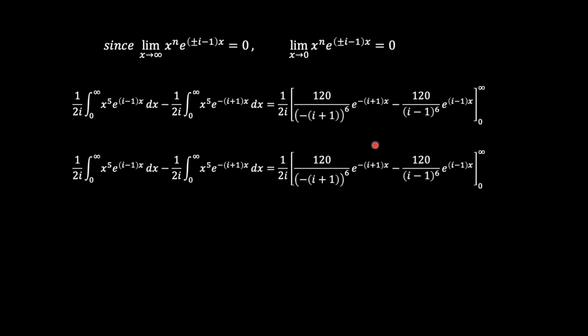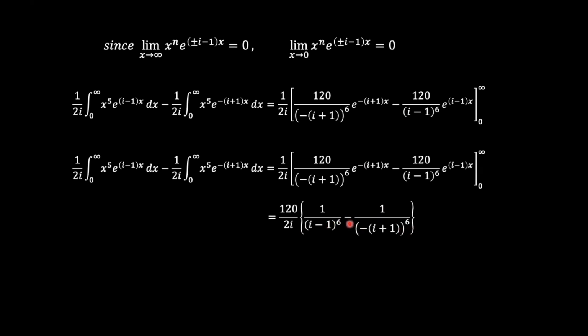So we have now 120 over 2i, and then we have i minus 1 to the power 6 minus 1 over negative 1 plus i plus 1 to the power 6.